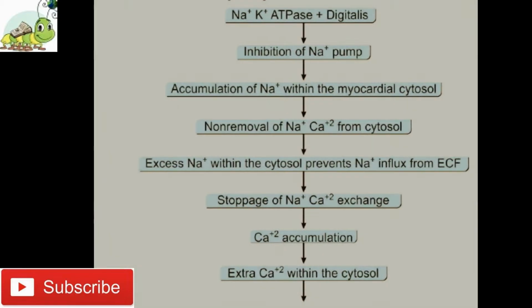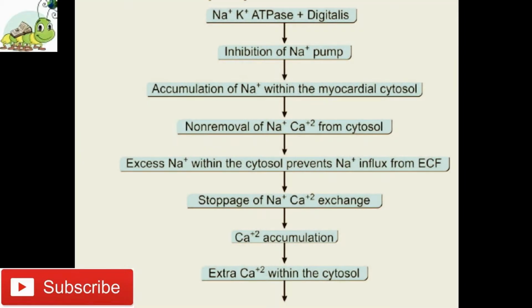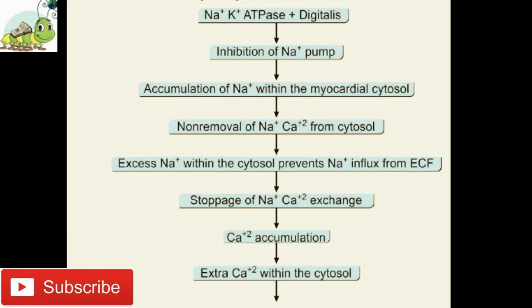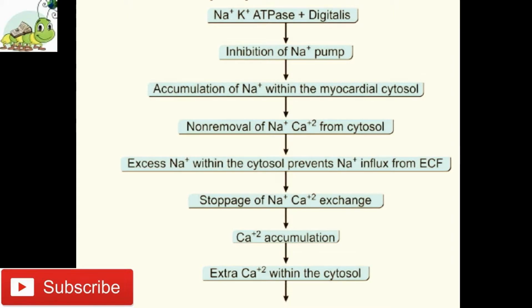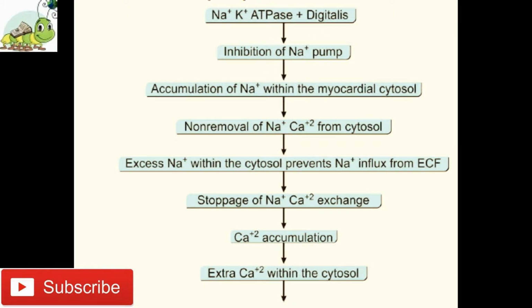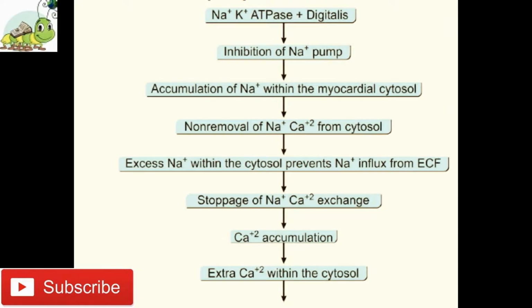Because more calcium is retained intracellularly, a small but physiologically important increase occurs in the free calcium ions that are available at the next contraction cycle of the cardiac muscle. It follows that if the sodium-potassium adenosine triphosphatase is extensively inhibited, the ionic gradient becomes so disturbed that dysrhythmias can occur.